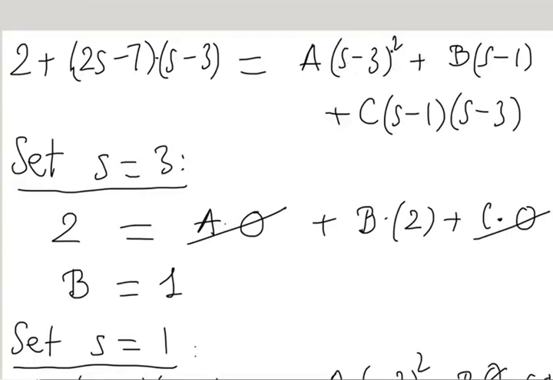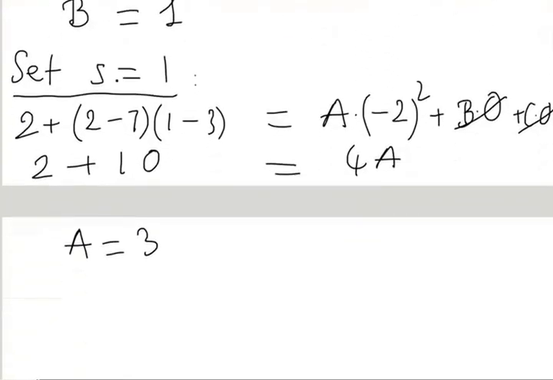So the s squared will come from here, as squared. Over here, with FOIL, we would have c times s squared. So on the right hand side, we have as squared plus cs squared. On the left side, if we FOIL, we have 2s squared. So then from there, we can solve for c.